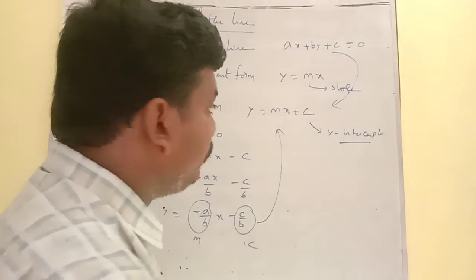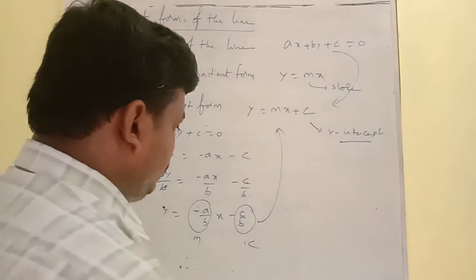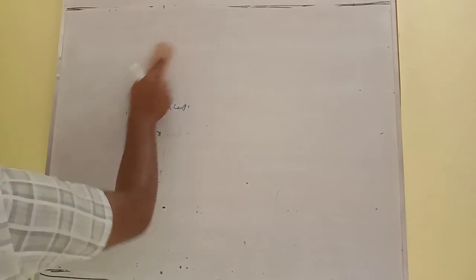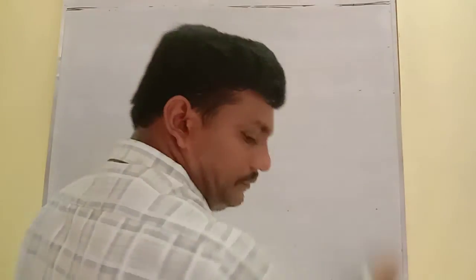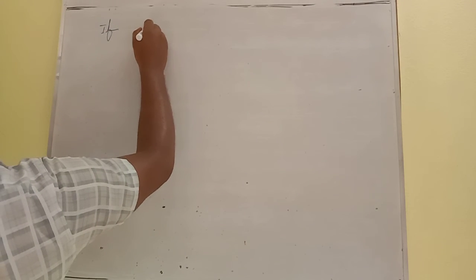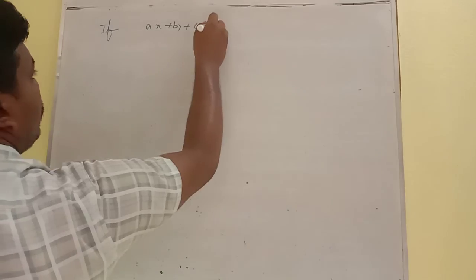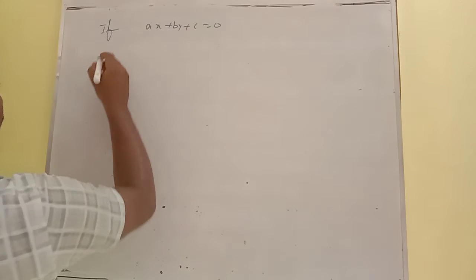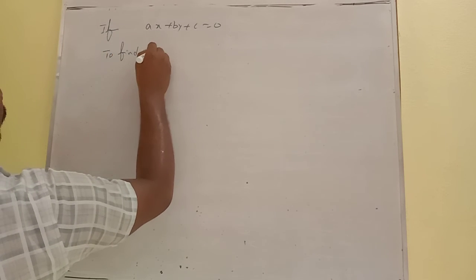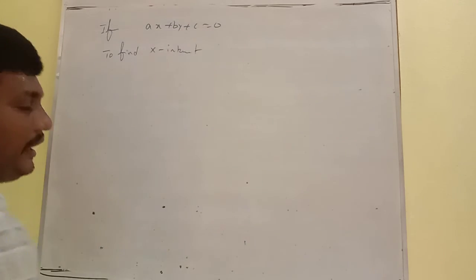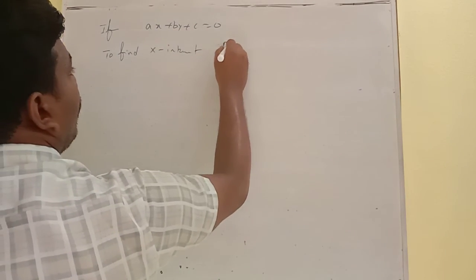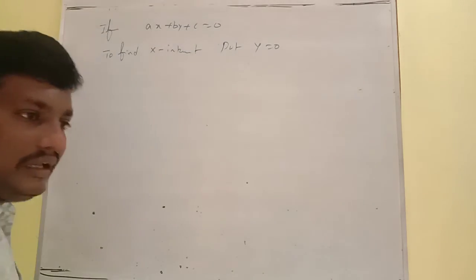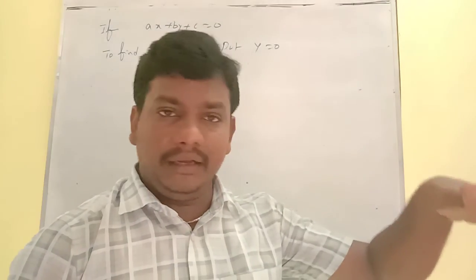Now how to find the x-intercept and y-intercept? If a line is given in the general form ax plus by plus c is equal to 0, how do we find them? To find the x-intercept, we put y is equal to 0, because the x-intercept is where the line touches the x-axis.